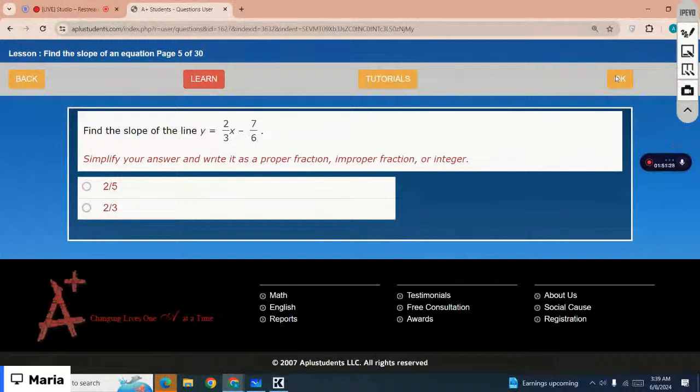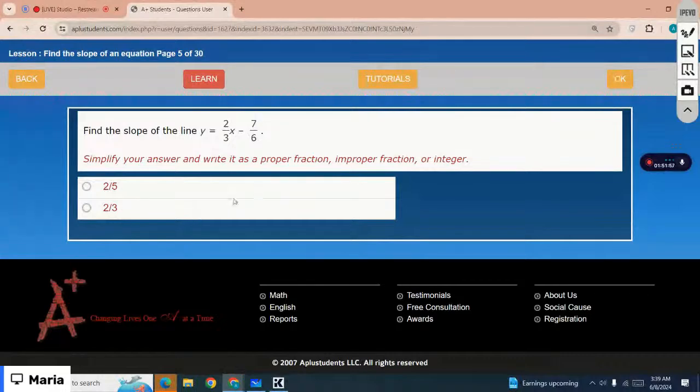Find the slope of the line y equals 2 by 3x minus 7 over 6. Which is the correct option? Yes, that is 2 by 3.